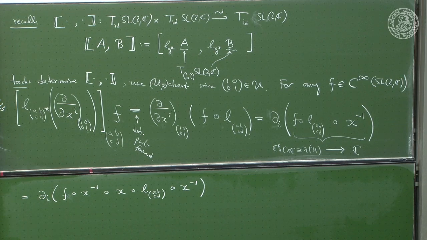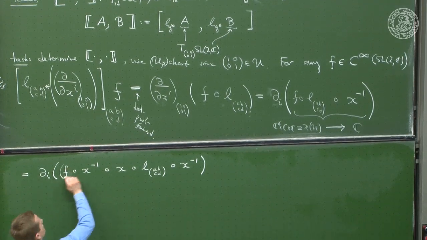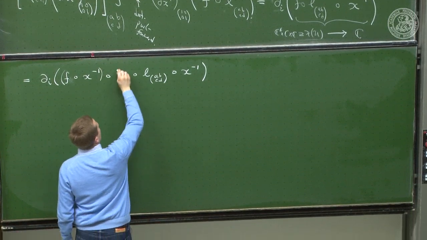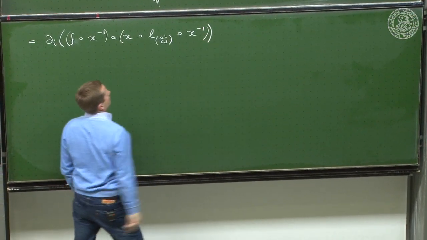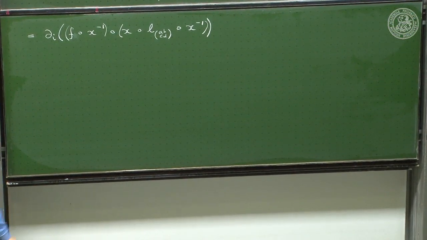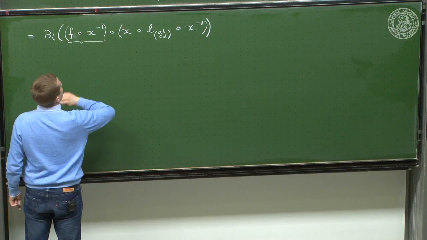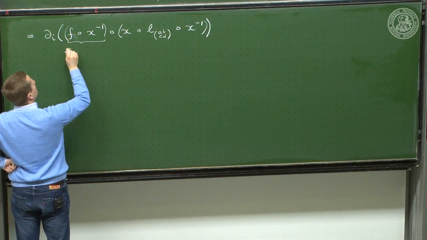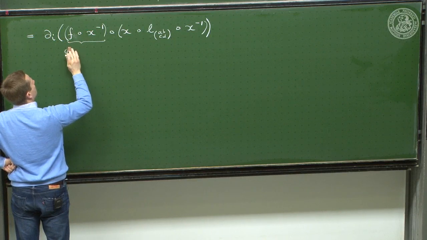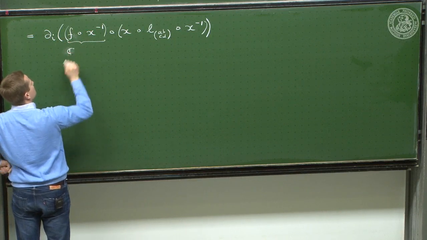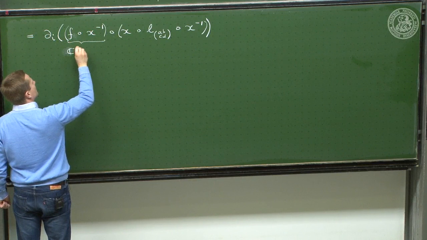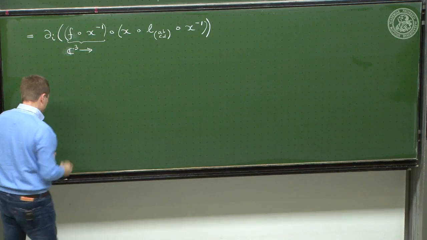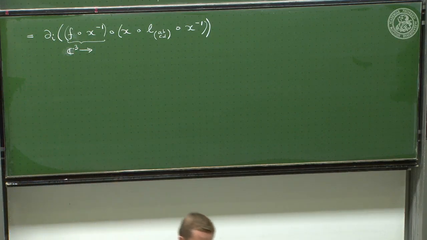Right. But now I can choose the associativity of the composition, and I find that this is a function that goes from some part of C3. Well, let's not be so picky here. The only thing I want to check is whether we can do this by standard analysis rather than manifold theory.